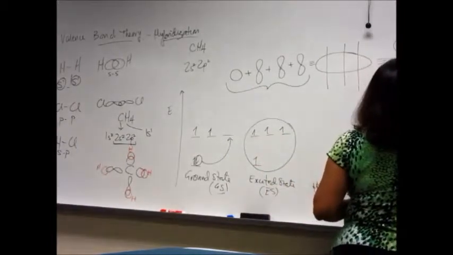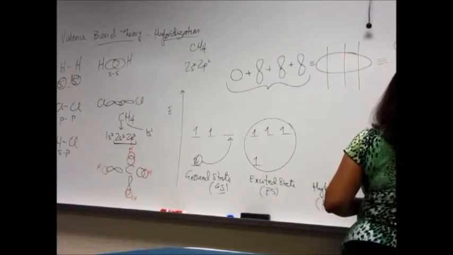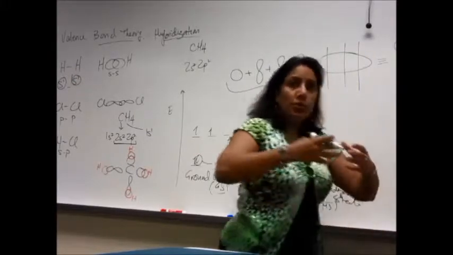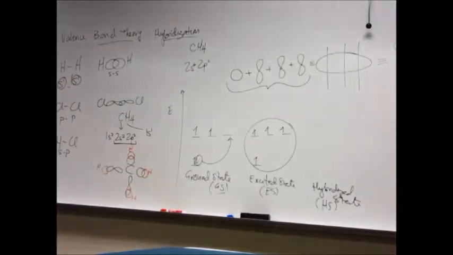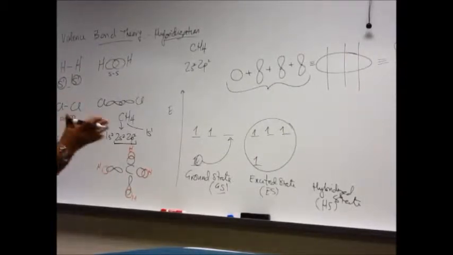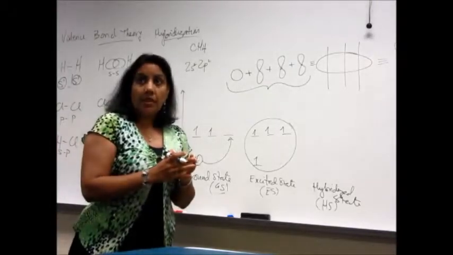So you have 4 orbitals now, and if you can, try to draw at least one of the lobes a little bit fatter, because that's got the spherical character to it. That's called hybridization, where you take different types of orbitals and mix them together to get new orbitals.